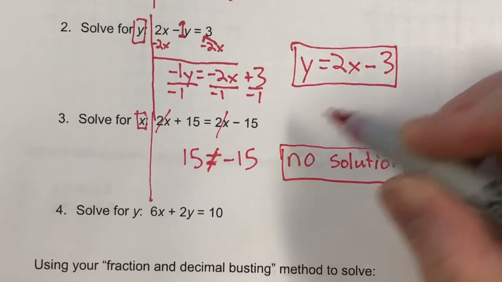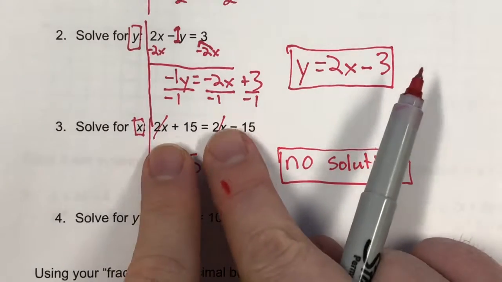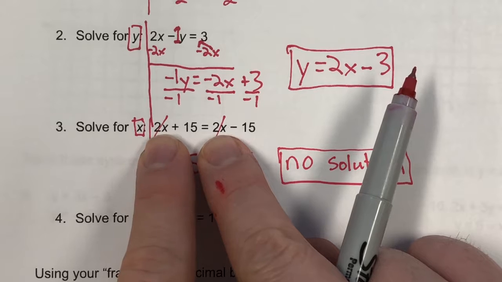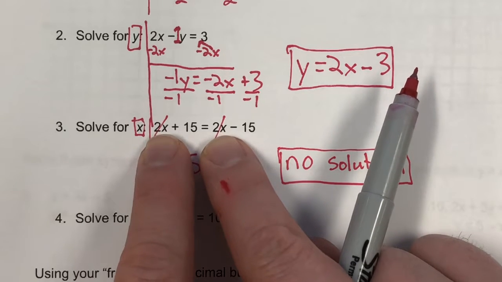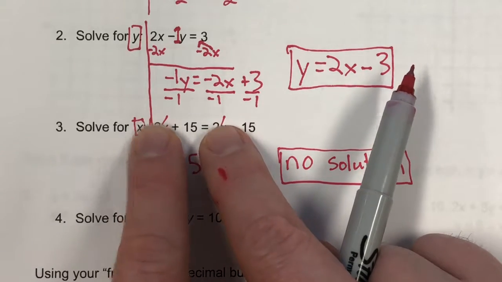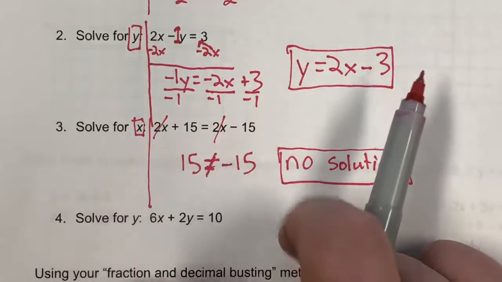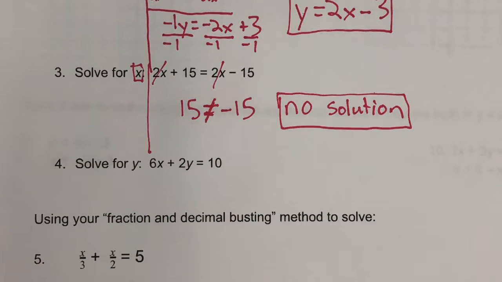It's not going to be 0 because x actually disappears completely. If you think about it, if you put anything in for x, we can pick any number we want, 2 or 5 or even 0, these will cancel out again, and you'll be stuck with the 15 and negative 15. And it'll never equal that. So no solution for number 3.